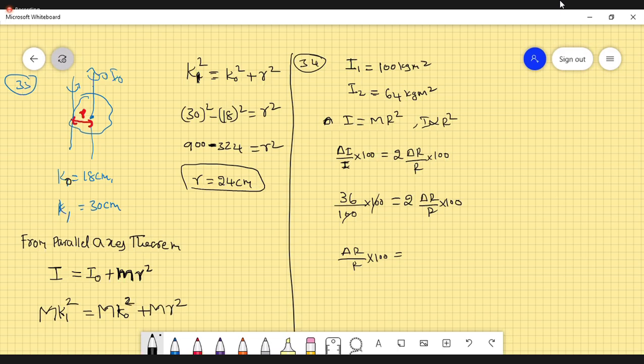So 36 by 2 equals 18%. It is a decrease as well. Why? I is proportional to r square. Here the moment of inertia decreases, which means the radius of gyration also decreases.